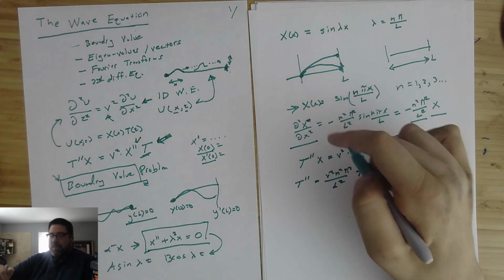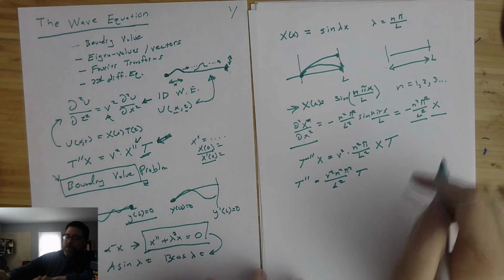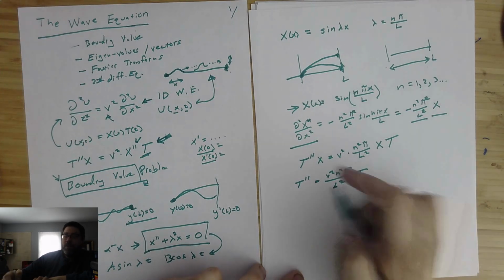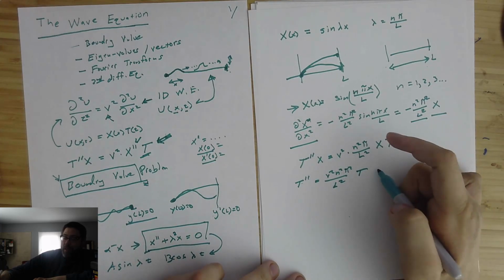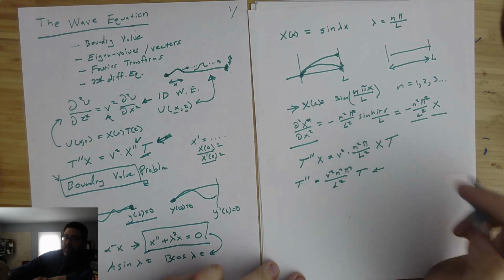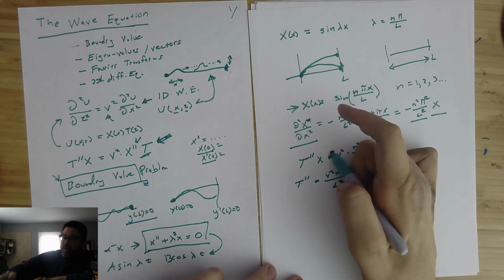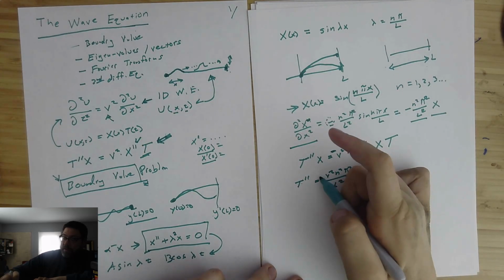We see that the spatial part of the problem influences the temporal part of the solution, and we get a temporal eigenvector problem back out, where the second derivative of a function equals a number times a function. And this means, in this case, oh, I forgot the minus sign here. Sorry about that. This minus sign has to come through here.